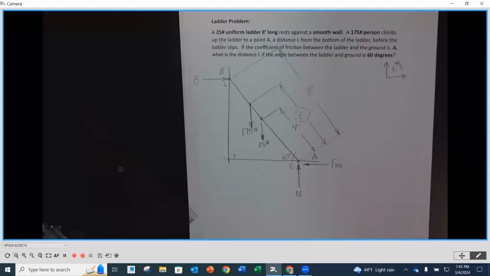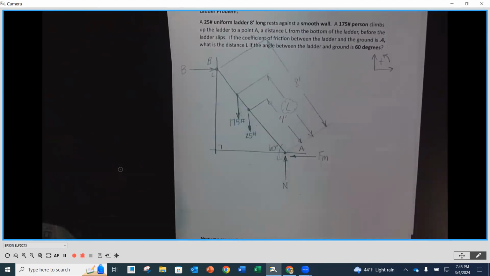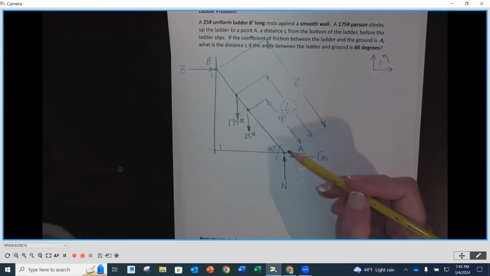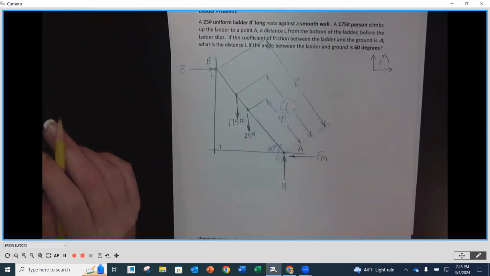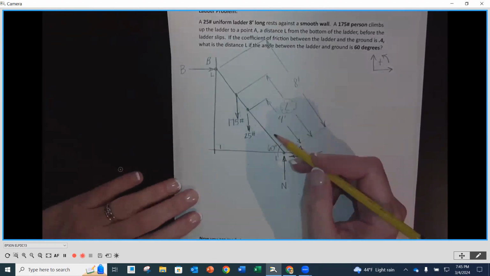All right, so let's first of all try to identify our normal and our friction and our B. These are our reactions at our supports. So if we look here, can we figure out what our normal force is using our equations of equilibrium? Yes, we can sum our forces in the y direction.